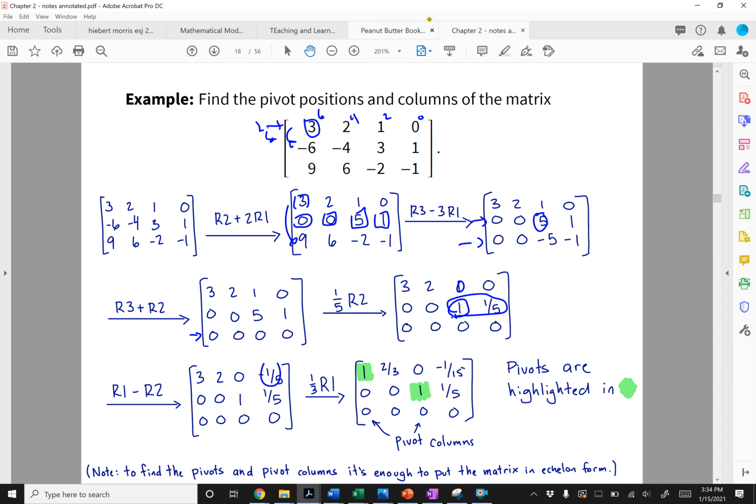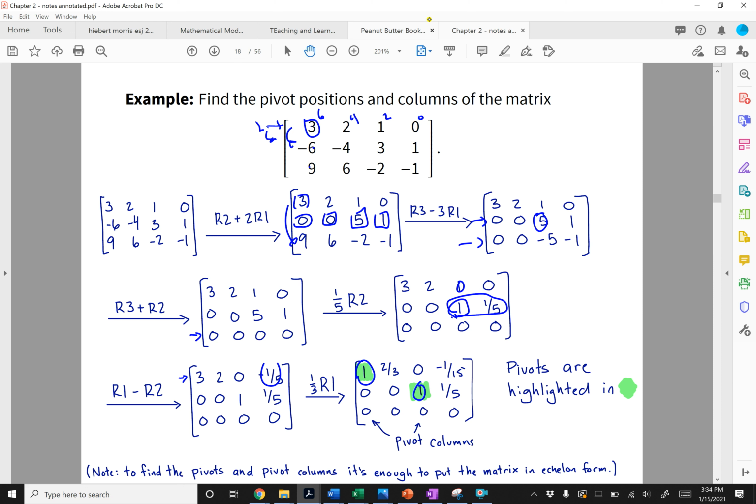And now we just have one more thing to do. We need to turn that 3 into a 1. So we can multiply that whole row by 1/3, and we get 1. So now we have our 2 leading entries. They're 1. Everything else in those columns with the leading entries is 0.